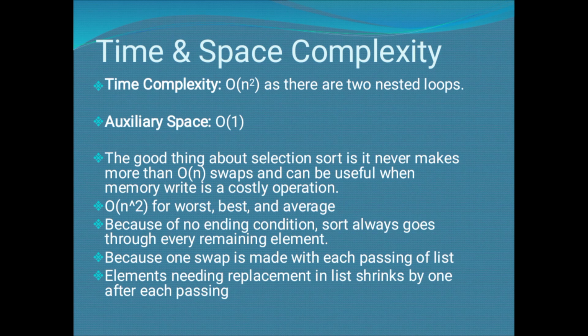Time and space complexity of this algorithm. Time complexity is O of n square. As I have given in the algorithm, there are two loops, the i loop and the j loop. Since there are two nested loops, its time complexity is O of n square. The good thing about selection sort is it never makes more than O of n swaps and can be useful when memory write is a costly operation.